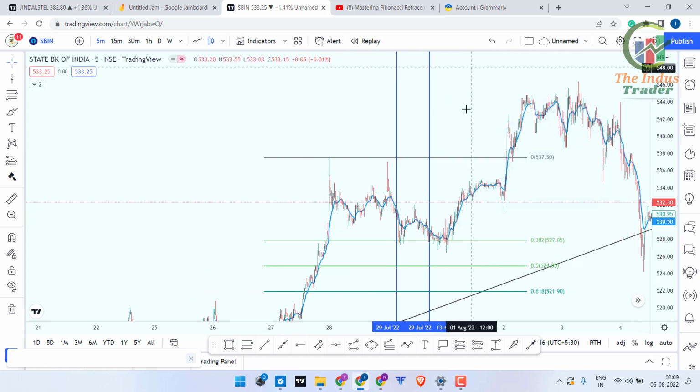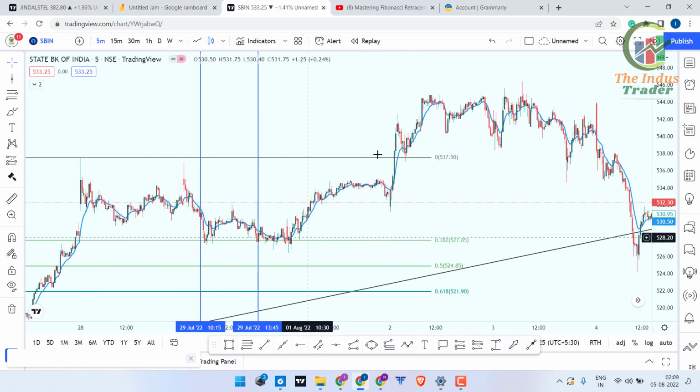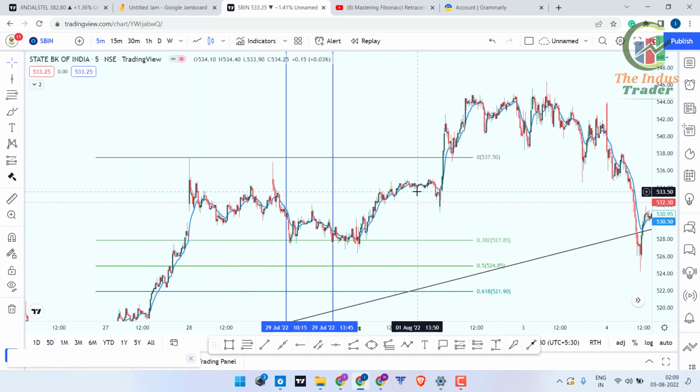So here, if you go, we have given around 2 to 3%, but when we catch this rally, all the losses will be recovered and you will be in a higher probability range.